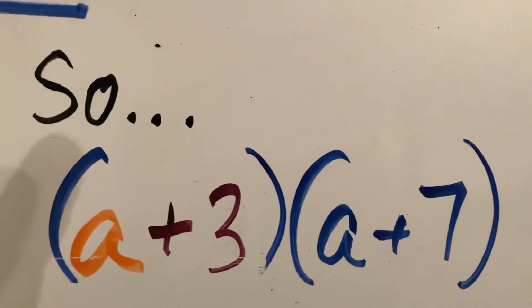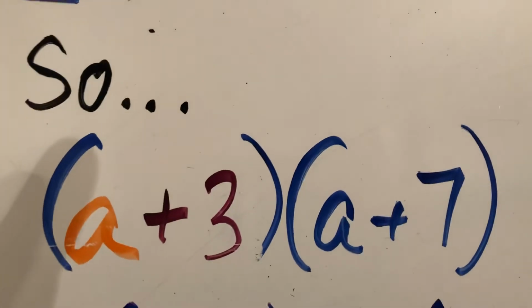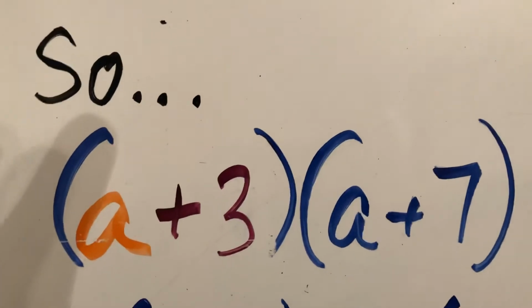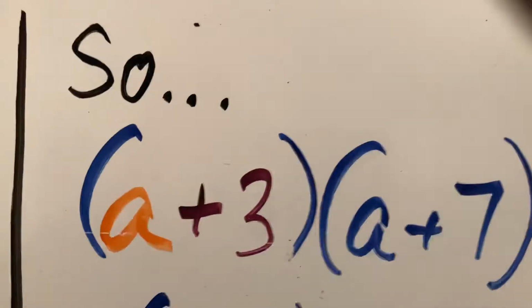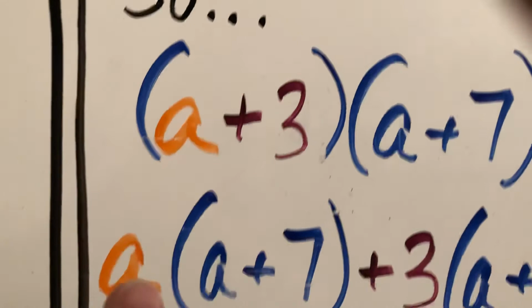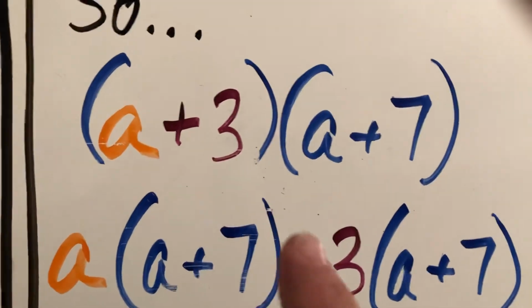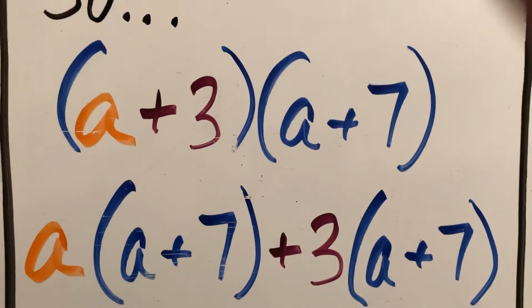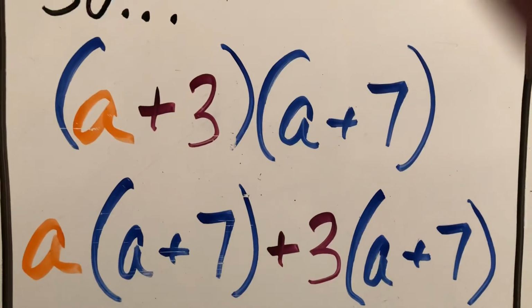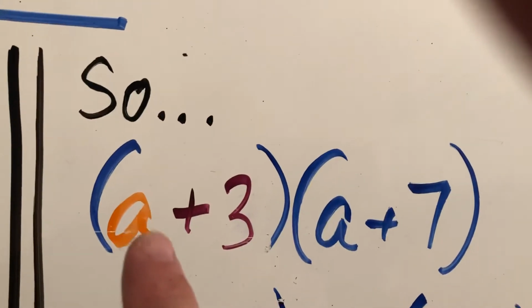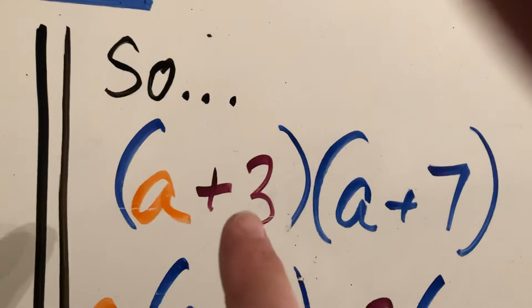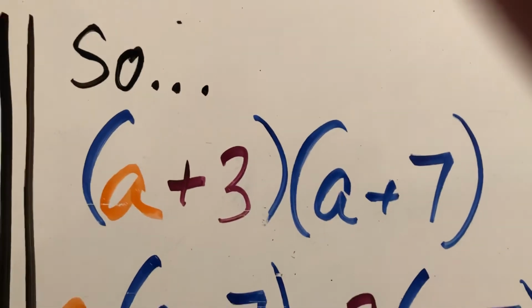So now, what if we have a plus 3 times a plus 7? One way to do this is to take the a times the a plus 7 plus 3 times the a plus 7. That's how we do it. First, you take the a times these two, and then the 3 times these two.